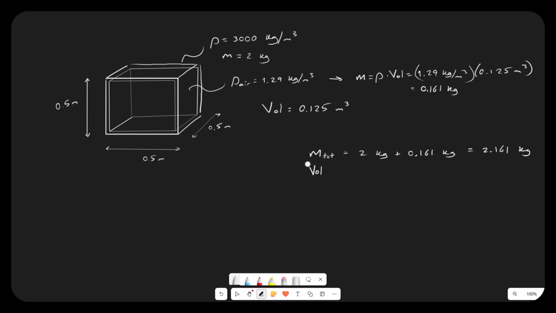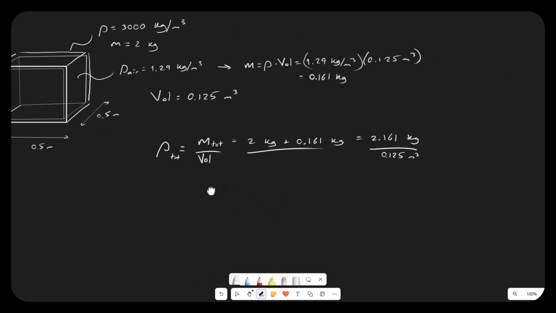Our total volume was 0.125 cubic meters, so our density total, which is mass over volume, we're going to do 2.161 divided by 0.125, and we get 17.3 kilograms per cubic meter.